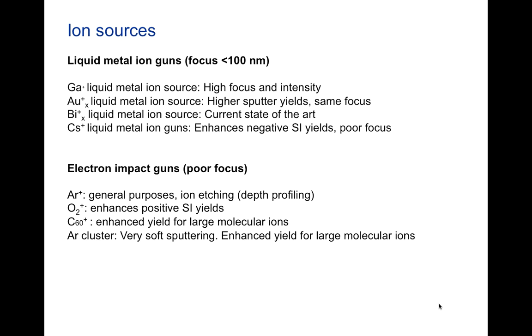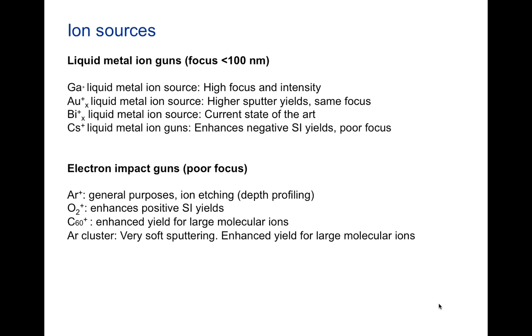So this is for liquid metal ions. For electron impact guns, they have poor focus, and then you can have argon, oxygen, carbon 60, and argon clusters. And it gives you different purposes.